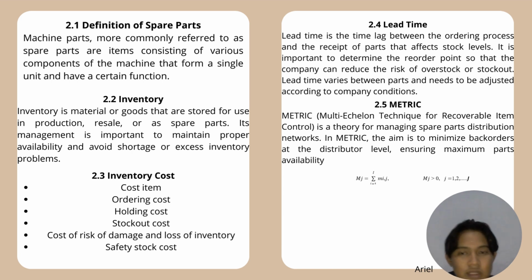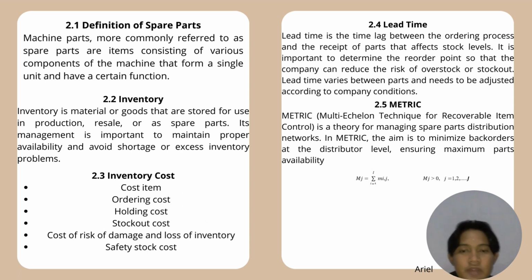So the next is inventory. Inventory is material or goods that are stored for use in production, resale, or as spare parts. Its management is important to maintain proper availability and avoid shortage or excess inventory problems. An example of an inventory problem is the desire to speculate with the aim of making large profit from future price increases.